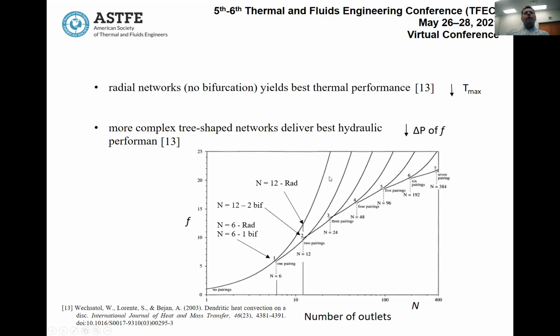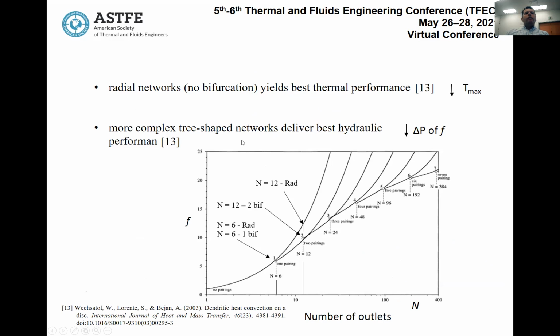Okay, so according to the previous work by Wechsatol et al., it says that the radial networks with no bifurcation yield the best thermal performance, which means they produce the lowest thermal resistance.